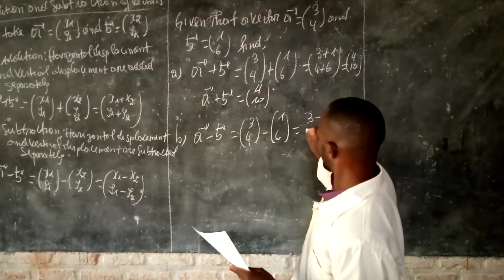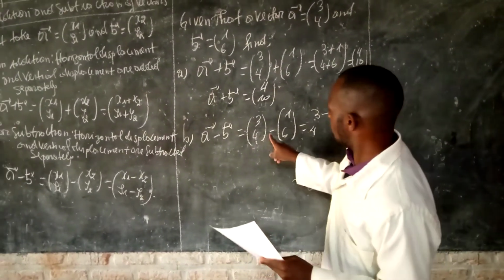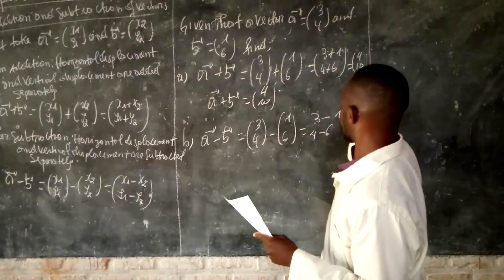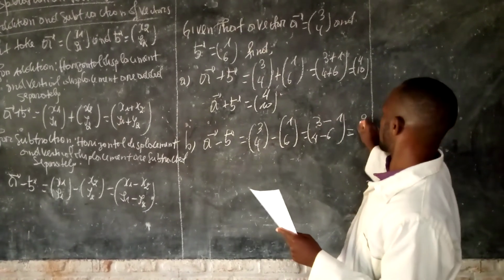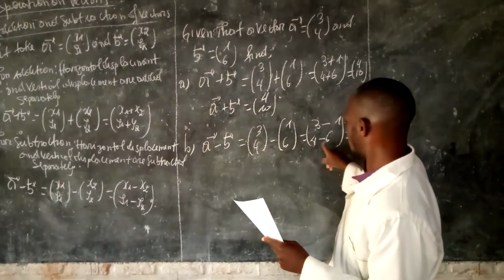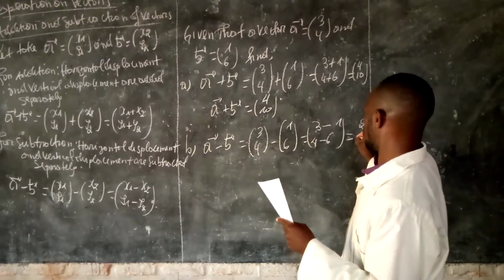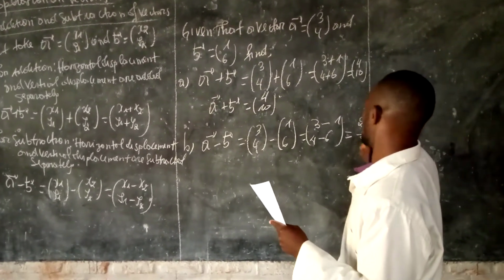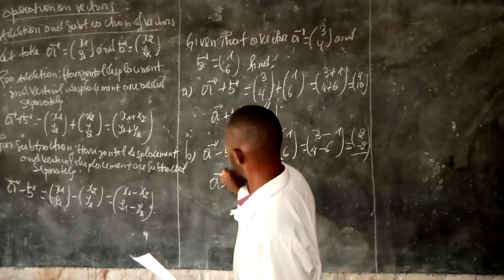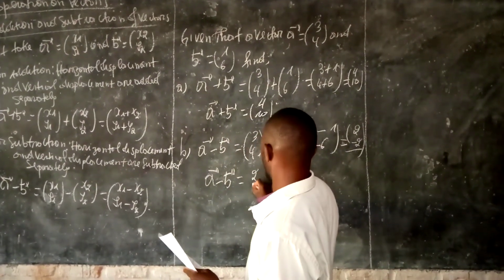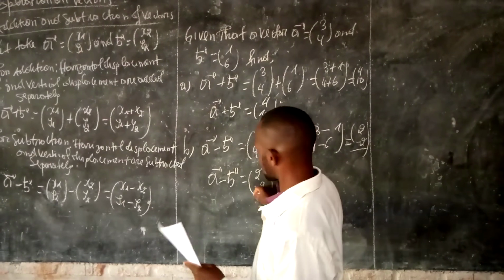Now 4, the vertical displacement of vector A, minus 6, the vertical displacement of vector B, is negative 2. So vector A minus vector B is equal to 2 and negative 2.